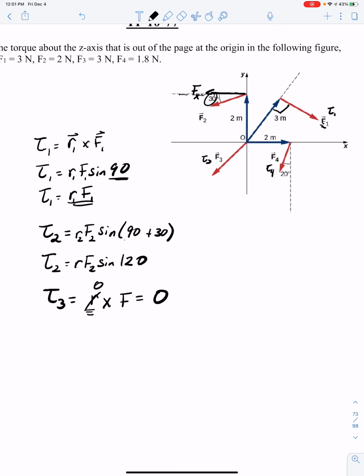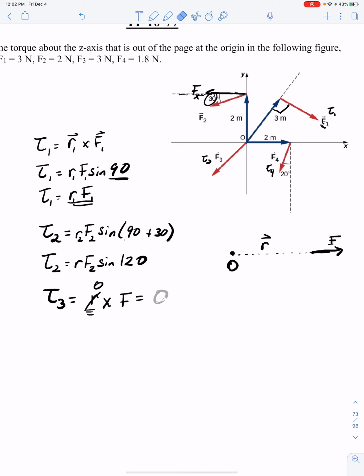If the origin is over here, and the vector is right here, this is force. Notice how it is completely parallel to my distance. If it is completely parallel to my distance, it means that torque is still 0.